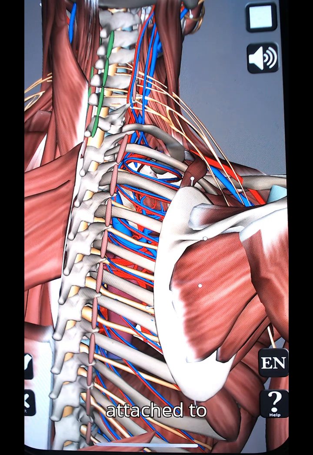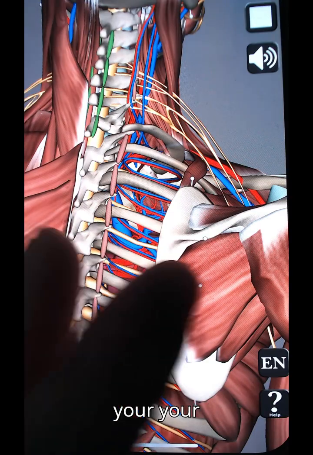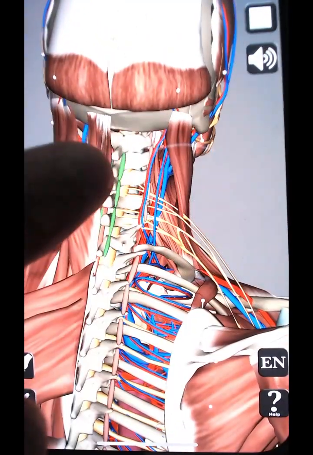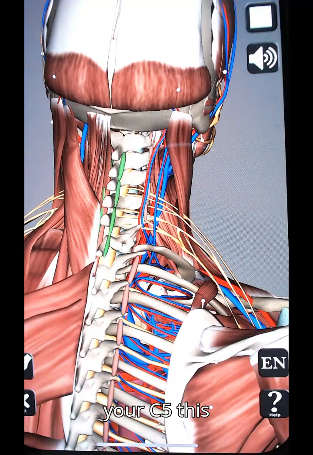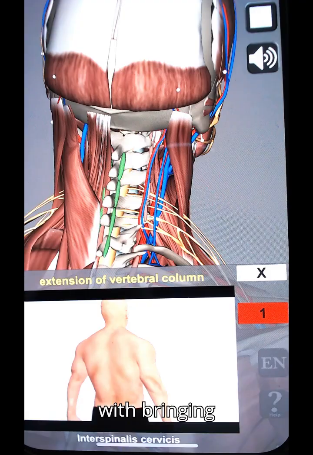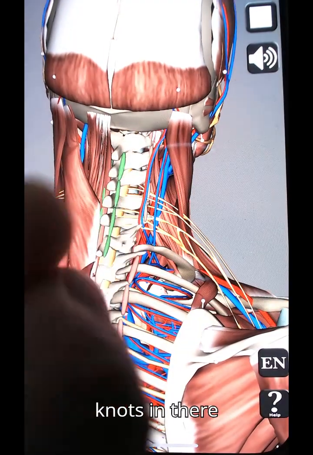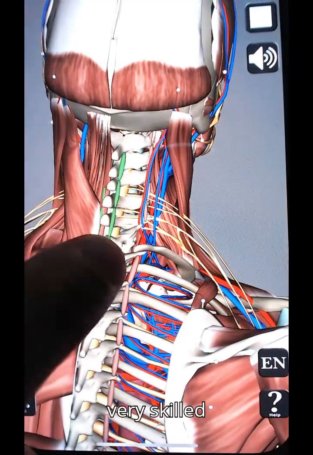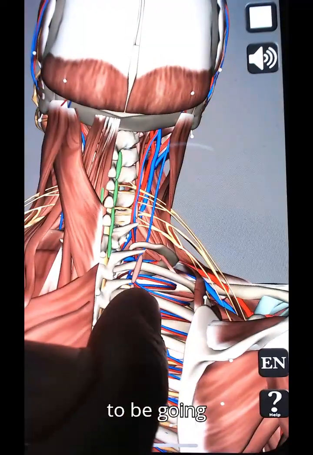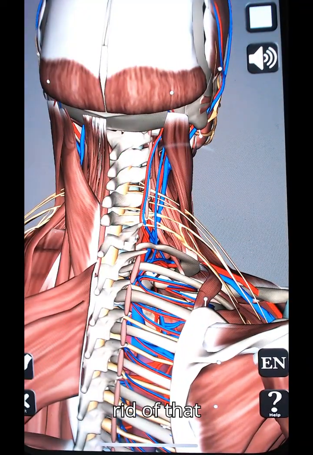As you see, they're attached to each of the spinous processes of your C2 to about your C5. This kind of helps with bringing again the neck back, so you can easily have knots in there. And each one of those, sometimes you got to go through them. Very skilled massage therapists are the only ones who are likely going to be going there because they know that muscle exists.